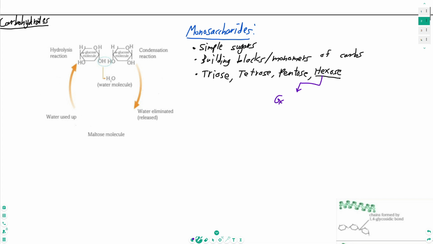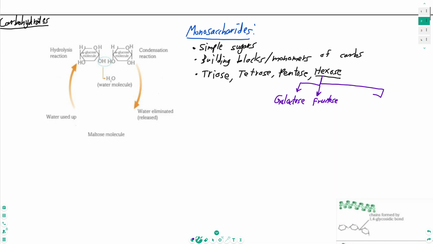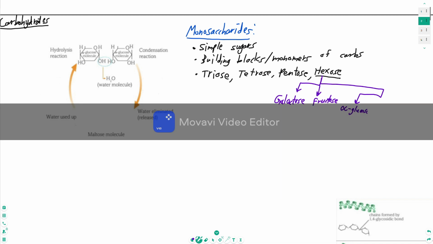Galactose is found in lactose, as you may know, which is found in milk. We have fructose. And we have two types of glucose. So we have alpha glucose, and I'll explain why it has this fancier alpha term in. And we have beta glucose.